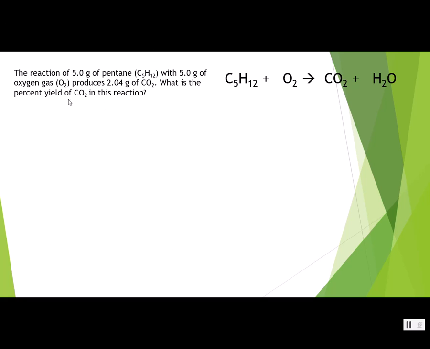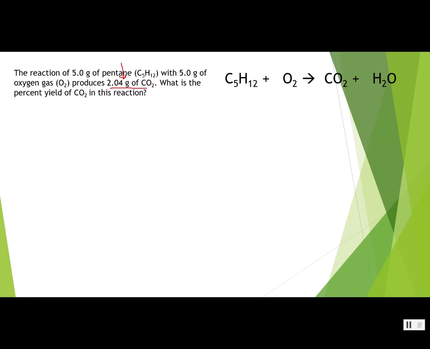So I give you a chemical equation in words. I say that pentane reacts with oxygen to give you carbon dioxide and water. I also tell you how much carbon dioxide is produced, 2.40 grams.